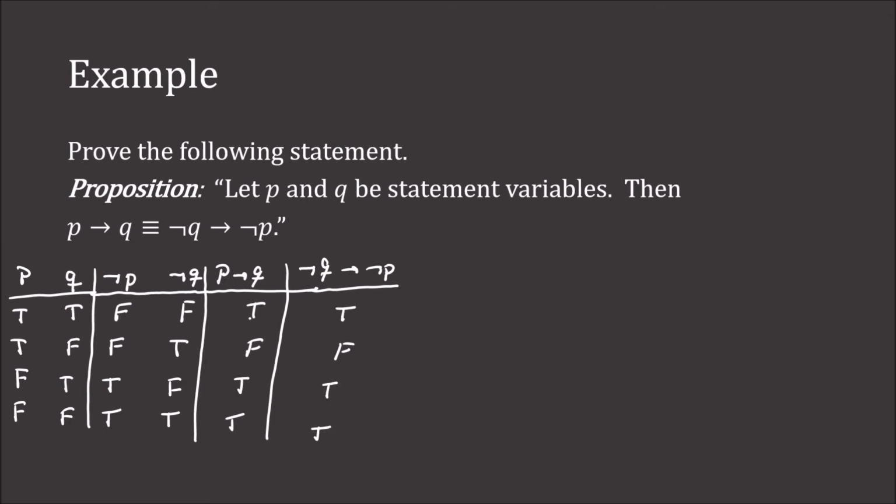So we have true, true, false, false, true, true, true, true. Those truth values are identical, so we can therefore conclude that P implies Q is logically equivalent to not Q implies not P. That is to say, we have just proven that a conditional statement is logically equivalent to its contrapositive.